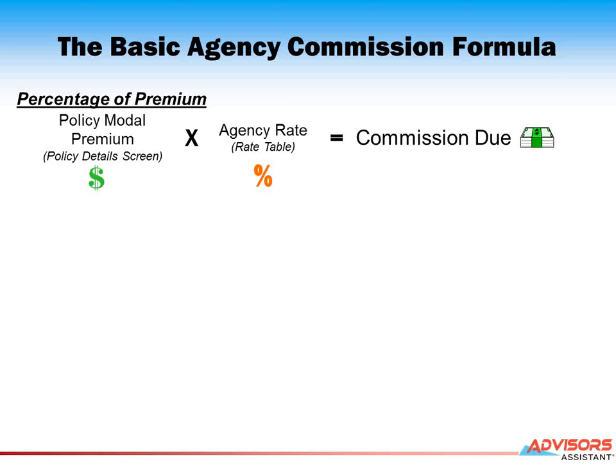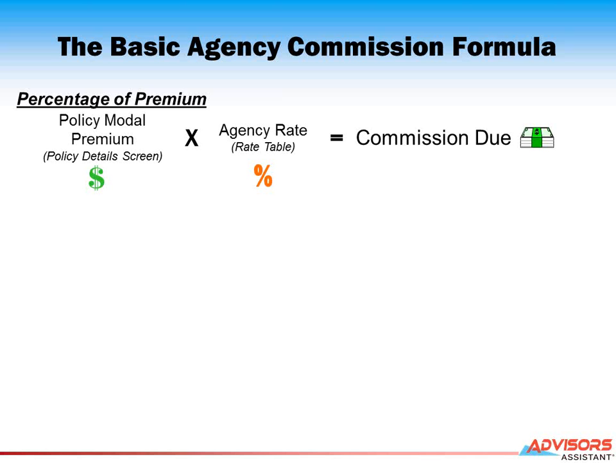It will look at the rate from the rate table, and it will calculate the commission due. That's all there is to it. So if the calculation is wrong, either the premium is wrong in the policy or the rate is wrong in the rate table. Those are the 2 places you would need to look.